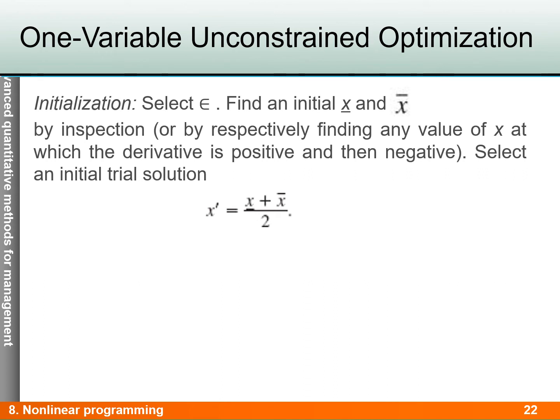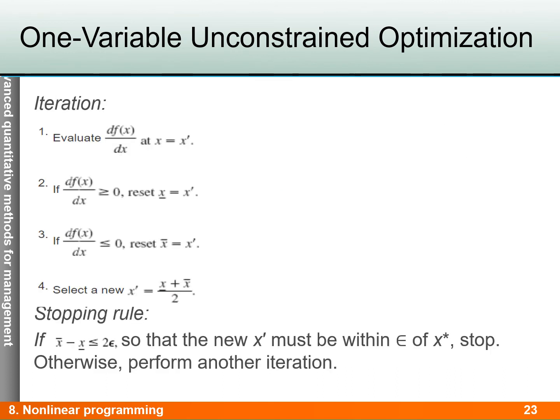In the next slides, we'll review the iterations that we should pass to find the optimal solution based on the bisection method. So as you see in this slide, these are the very simple steps and iterations for our bisection method. What are they?